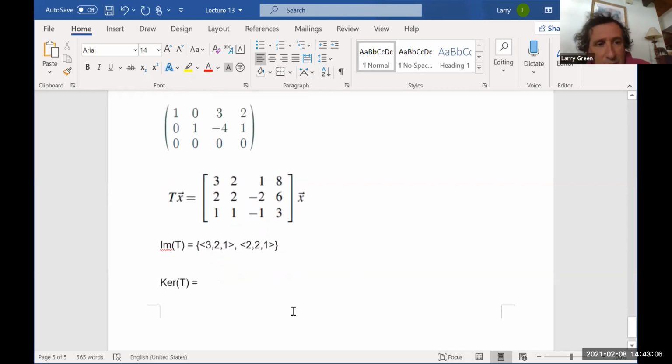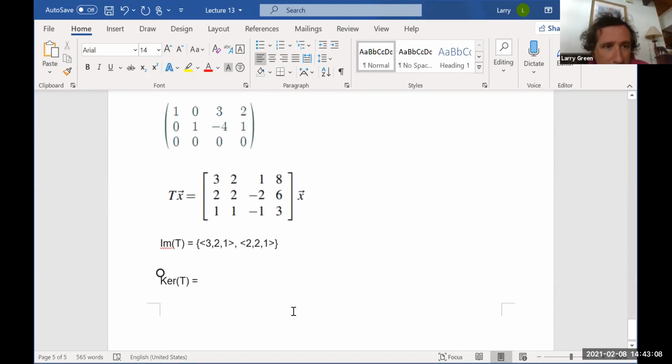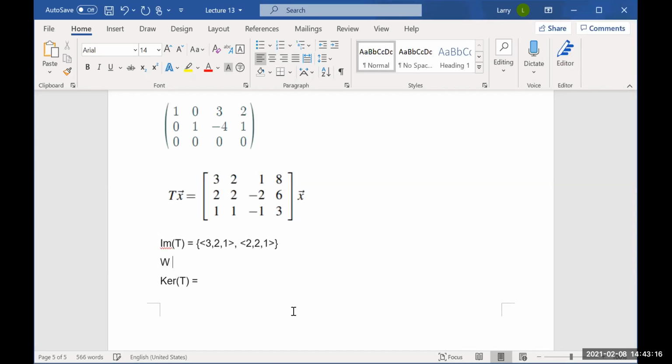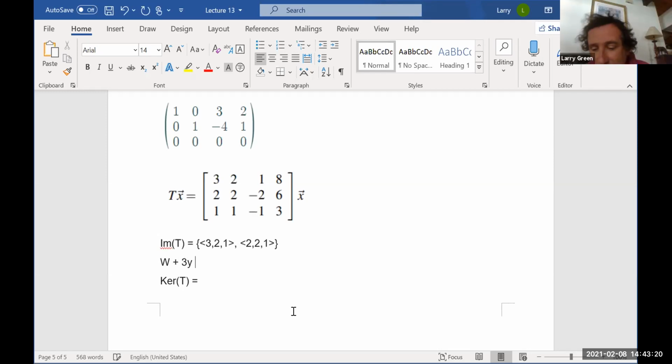So we can rewrite it as, do you mind if I call it W, X, Y, and Z? Easier to type. So W plus 3Y plus 2Z equals 0.